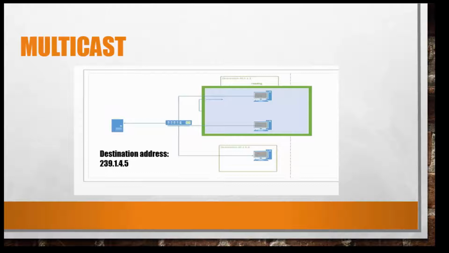So you're going to choose a class D address, for example 239.1.4.5, that represents a multicast group, the marketing group, where all the people in this marketing group are going to be the ones that get that multicast.